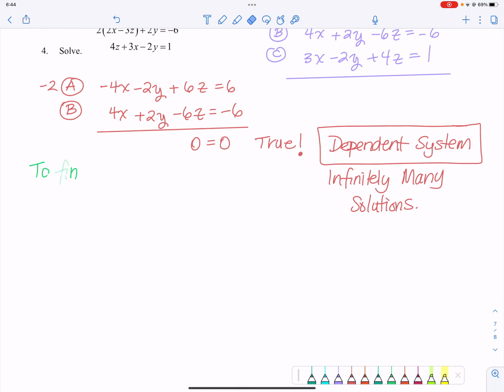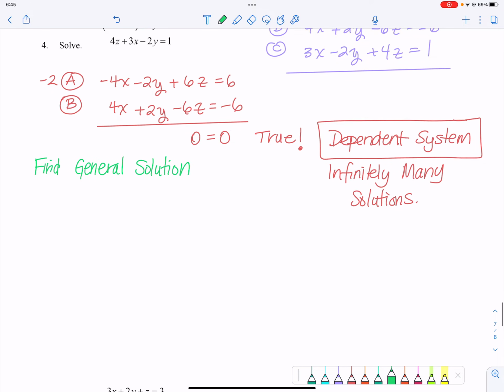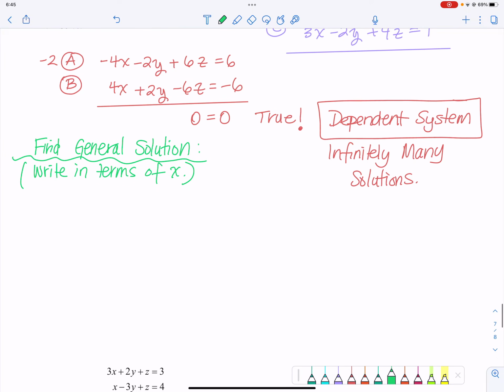So for us to find the general solution, we have to write the general solution in terms of any variable. Let's choose to write it in terms of x.